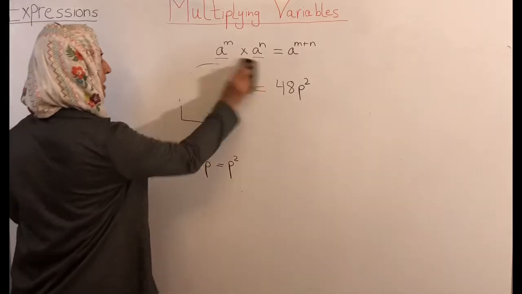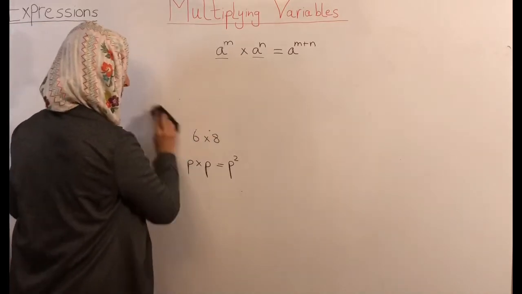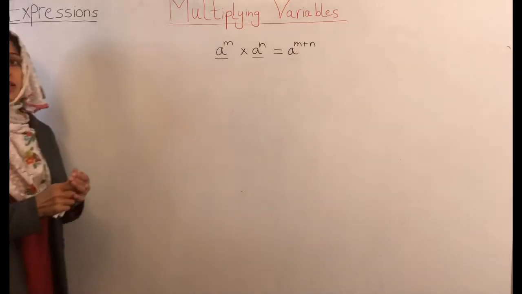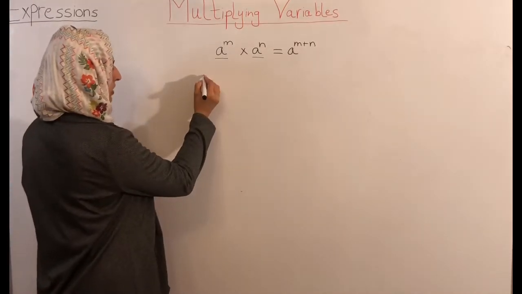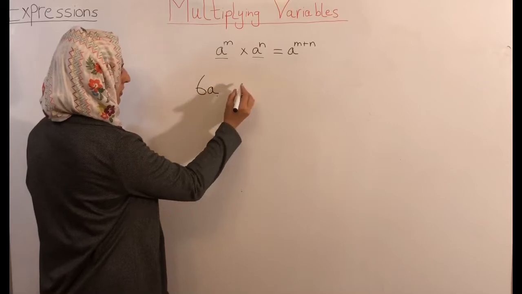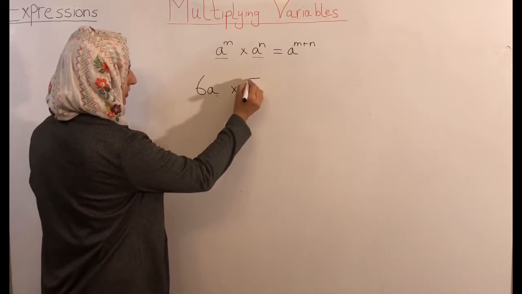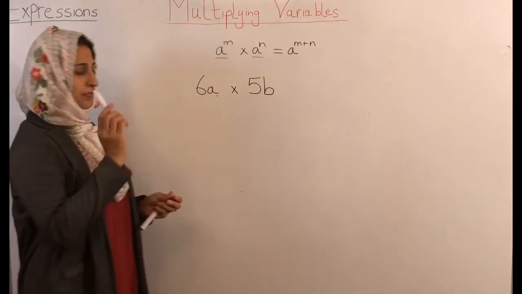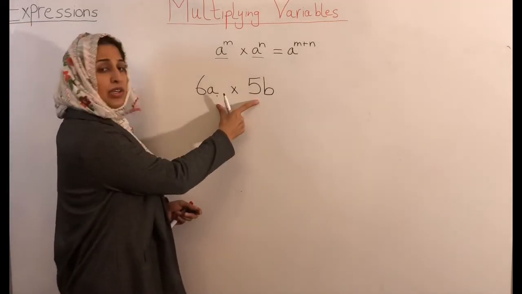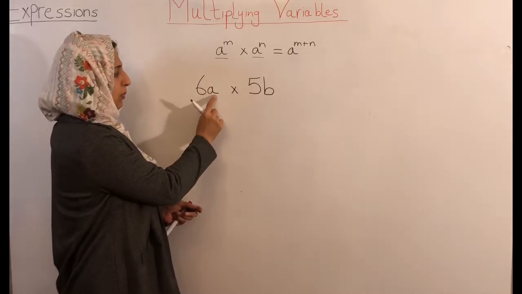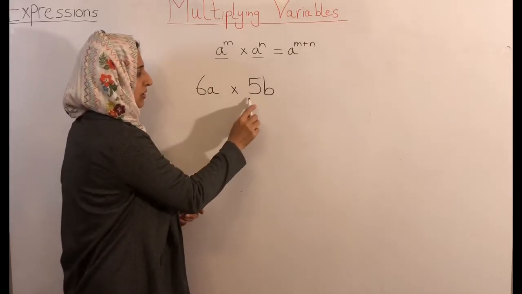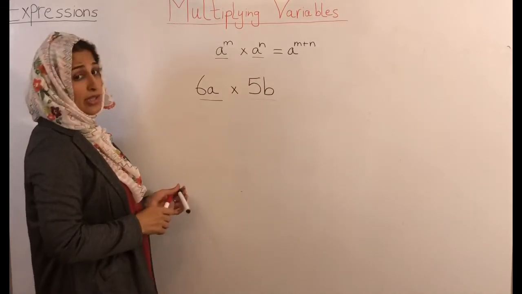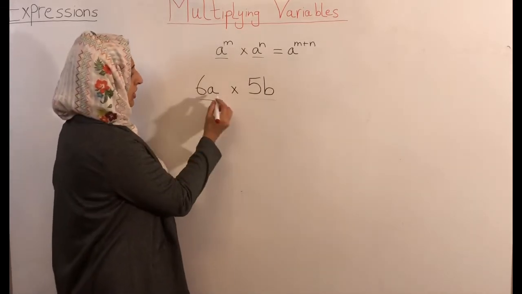Another example from the same question for the same method, but with different bases. In this question, the numbers at the front are different and both expressions have different variables as well. The rule is the same, don't get confused.